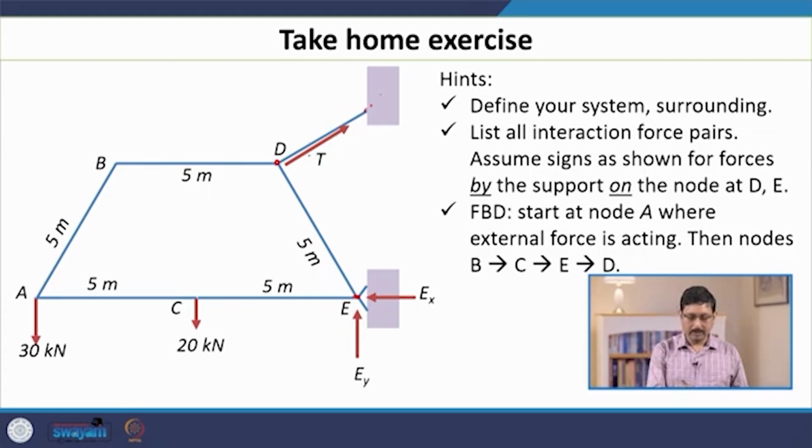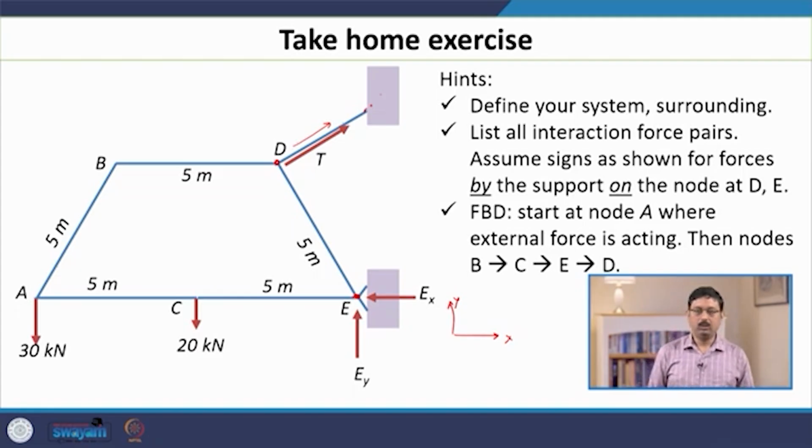At D there is only one force which is going along the length of this beam. At the joint E, the contact force has two components in general. Let us define this direction as our x axis and this direction as our y axis, and then this is a horizontal component and a vertical component.